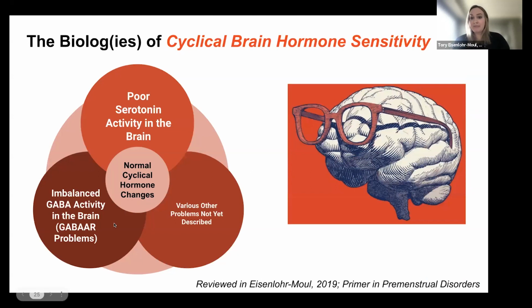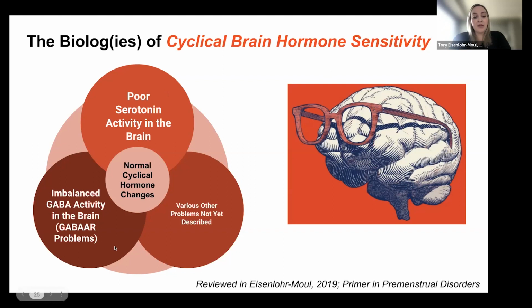So what might be the biology of this abnormal effect of hormones in the brain? Well, we have a couple of really well fleshed out research areas that are strong, and then a bunch of other ideas that need to be explored. So the first area that I want to tell you about is poor serotonin activity in the luteal phase. In response to these normal cyclical hormone changes, the brain seems to have problems with that.